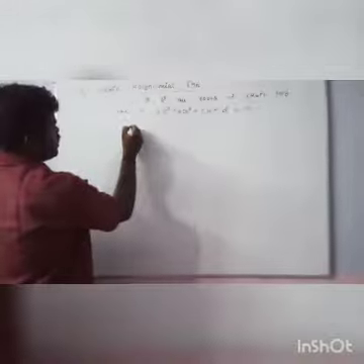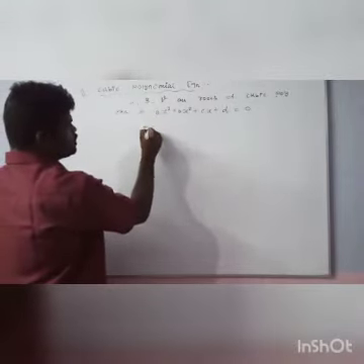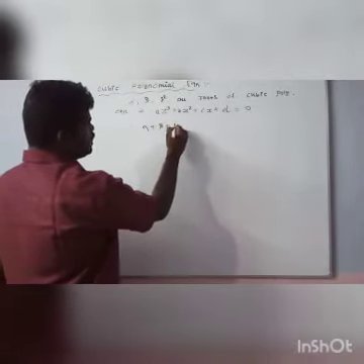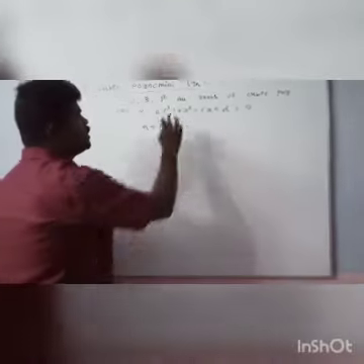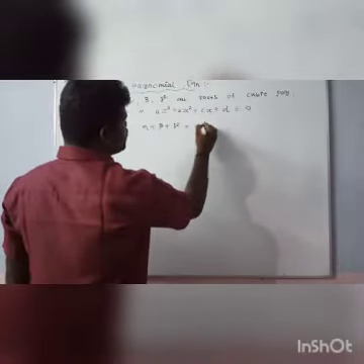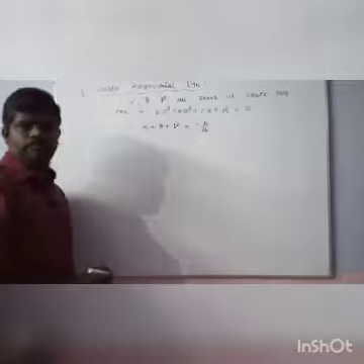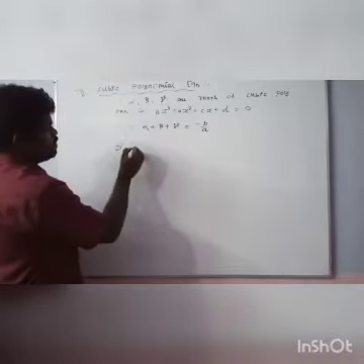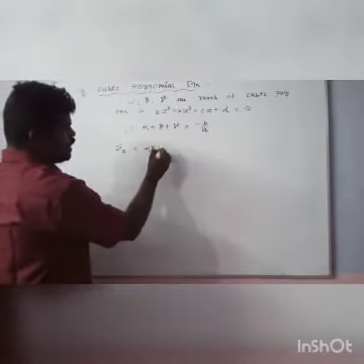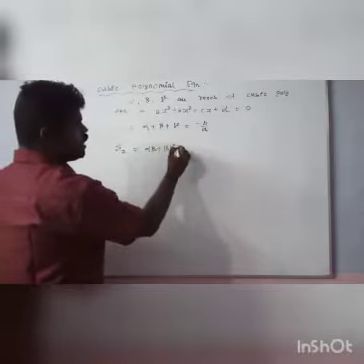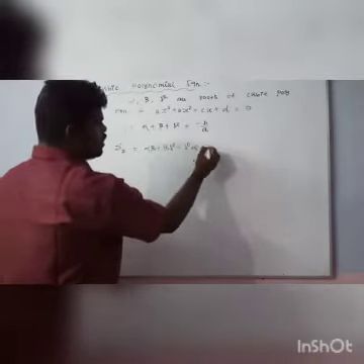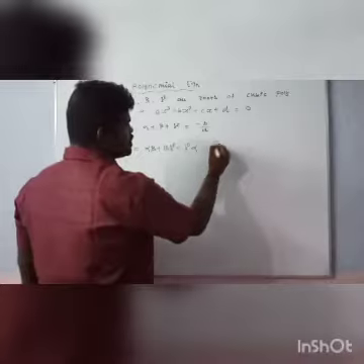Now summation 1 equals the sum of the roots: alpha plus beta plus gamma equal to minus b by a. And summation 2 is equal to alpha beta plus beta gamma plus gamma alpha, which is equal to c by a.